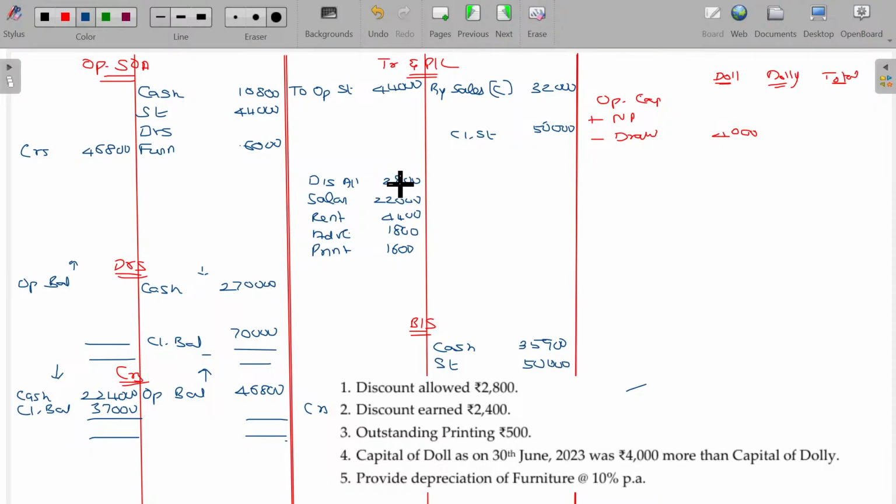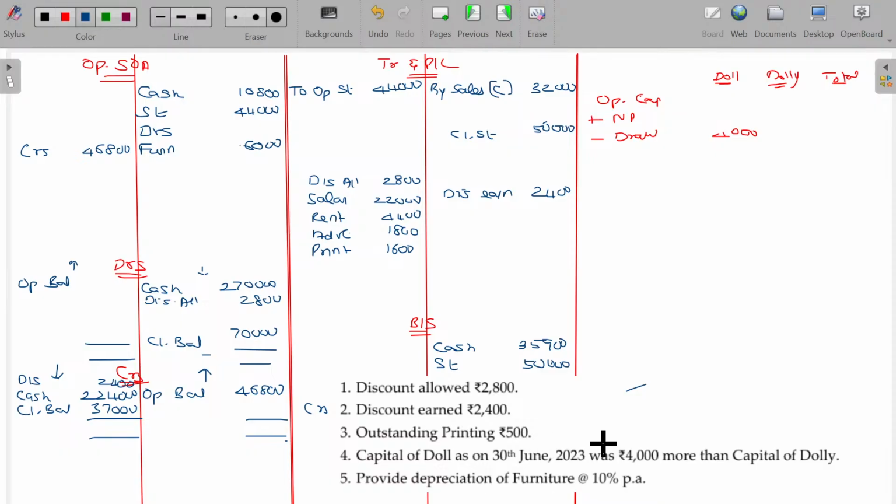Next entry, it reduces the debtors balance, so discount allowed 2,800. Discount earned on the credit side, 2,400. That reduces the creditors balance, so discount 2,400.